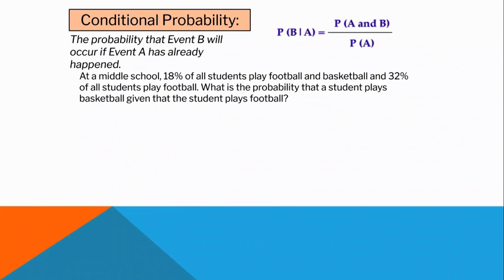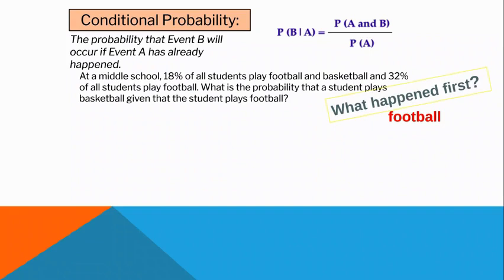At a middle school, 18% of all students play football and basketball, and 32% of all students play football. What's the probability that a student plays basketball given that the student plays football? So we've narrowed down our choices. We know that 32% play football. So that's going to go on my denominator because that happened first, given that the student plays football.